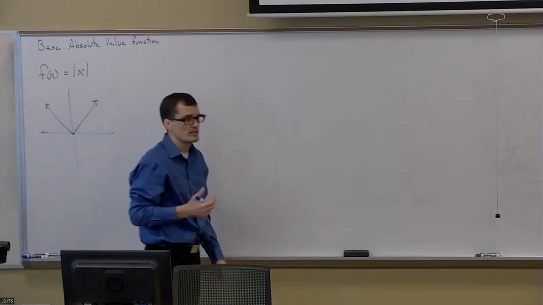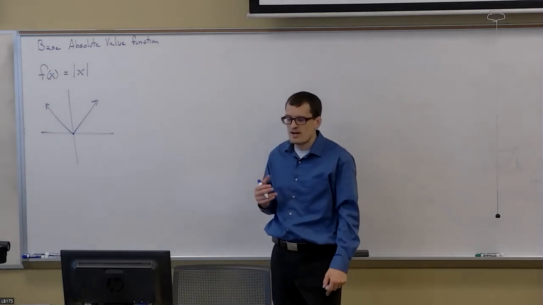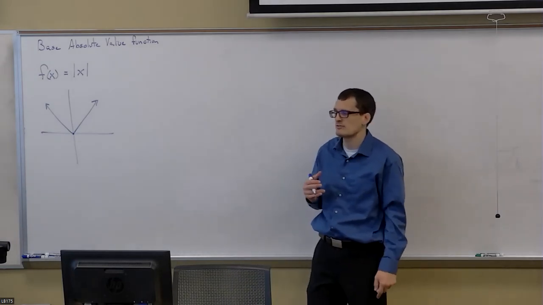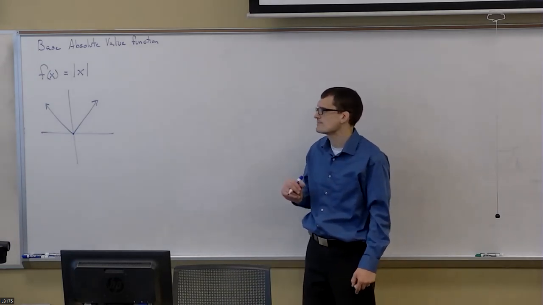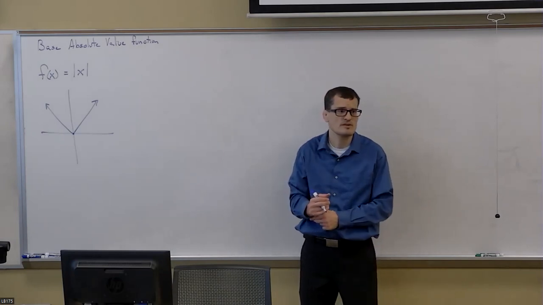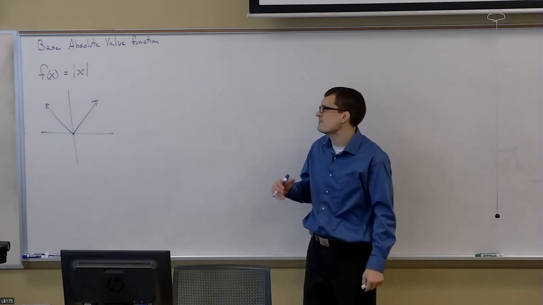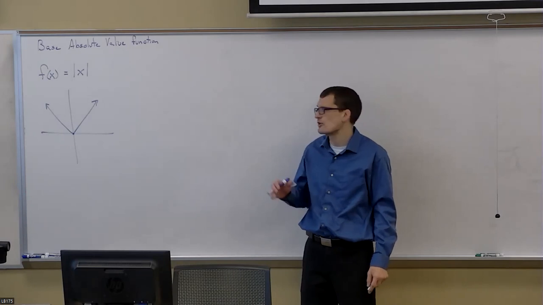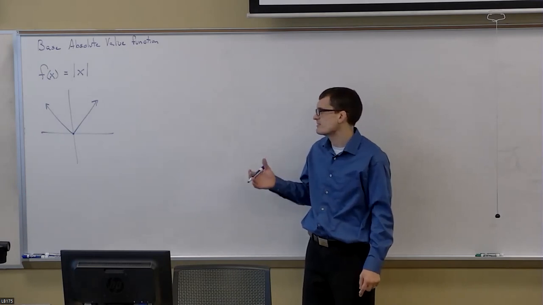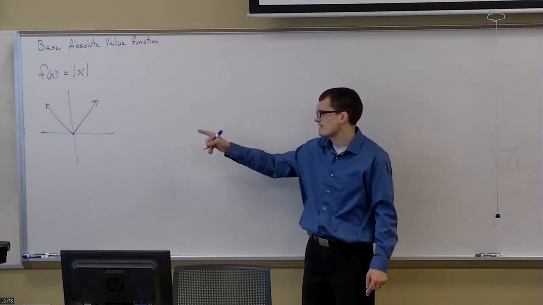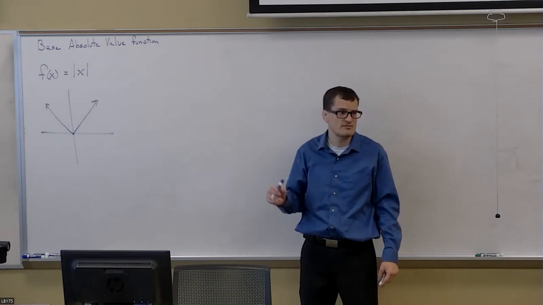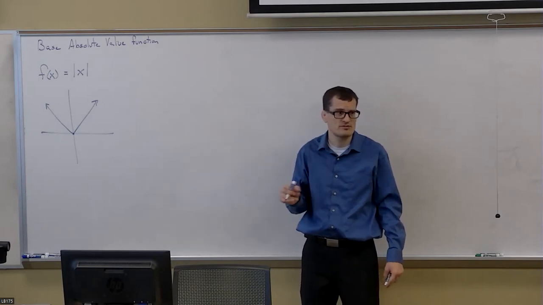So now what we're going to do is say, well, if I have an absolute value function, can I find certain things? We already know, again, the tip of the V from transformation, that's shift left and right.